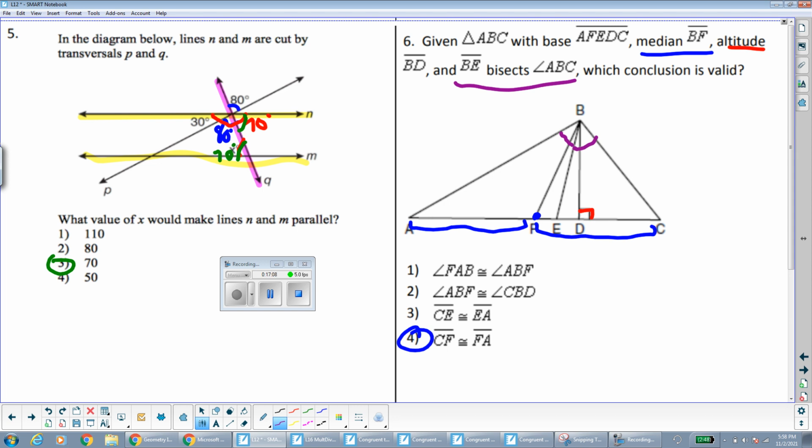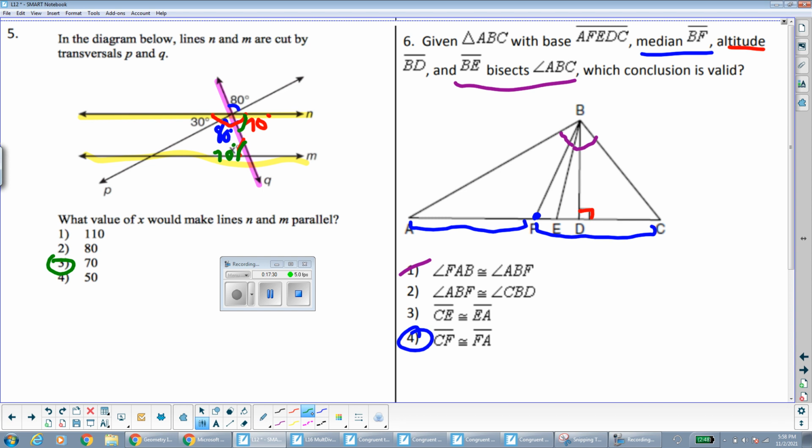So if I take a look at answer choice 1, it says angle FAB, so that's all the way over here, is congruent to ABF, which is up here. I don't know anything about the relationship between these two angles, so that's not the right answer choice. Nothing in the givens lets me know anything about the relationship between these two angles.